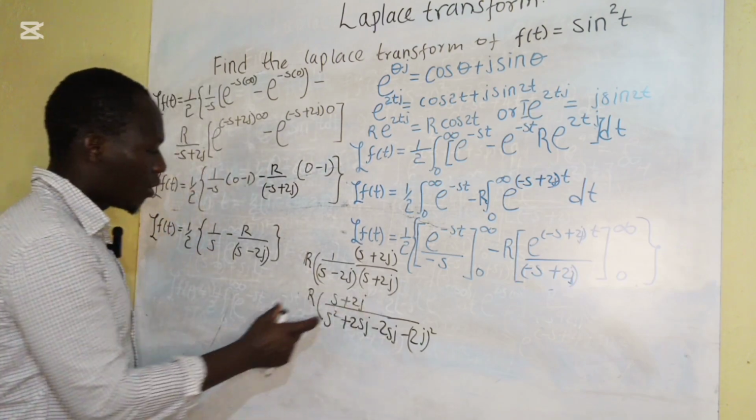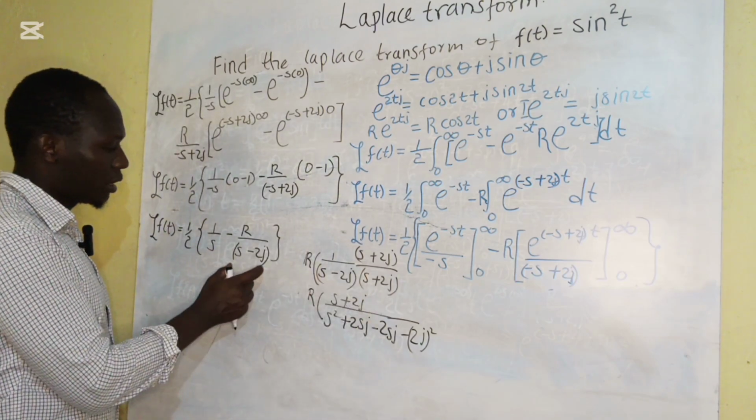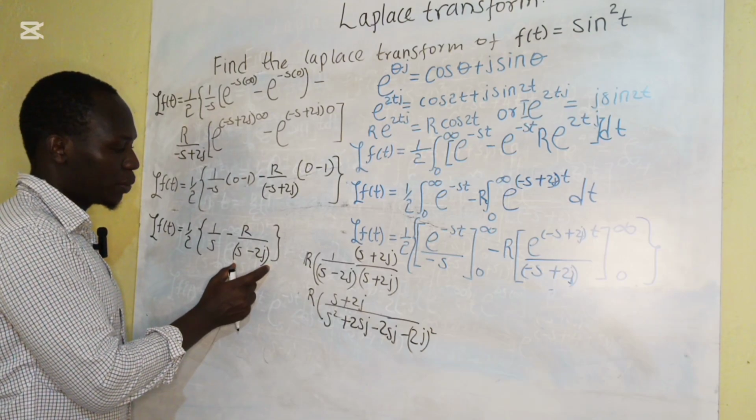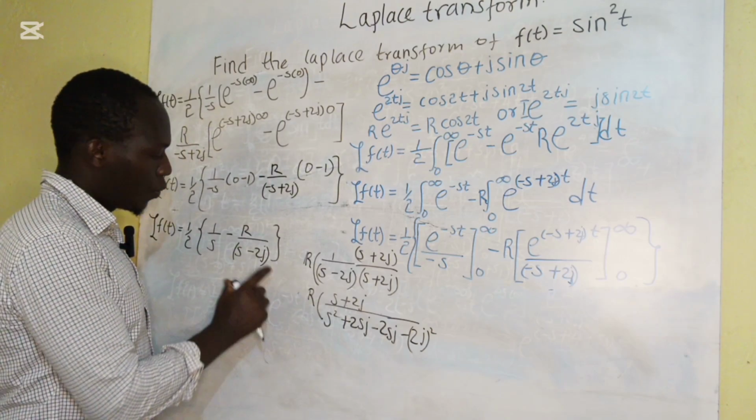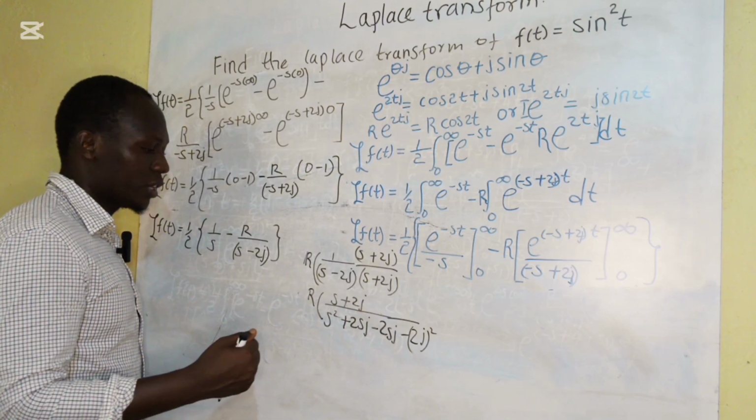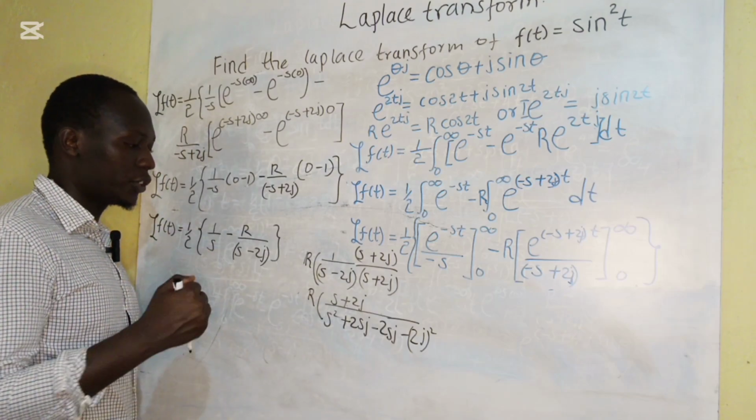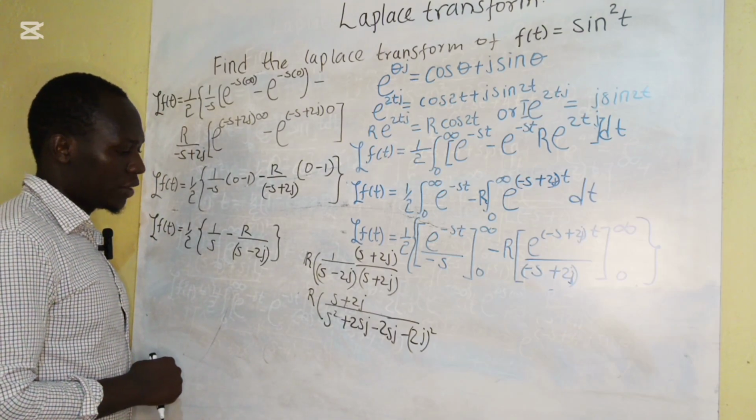Here I'm working out the simplification of whatever we are having here, whereby we say that we need to do rationalization for us to have the real function and the imaginary function.